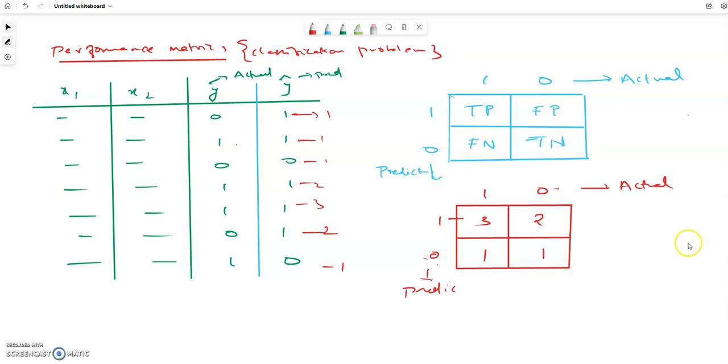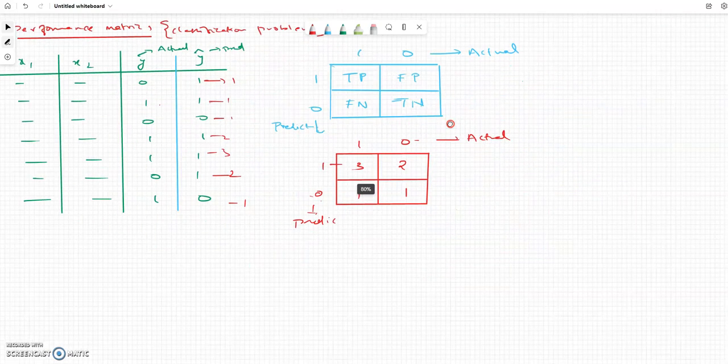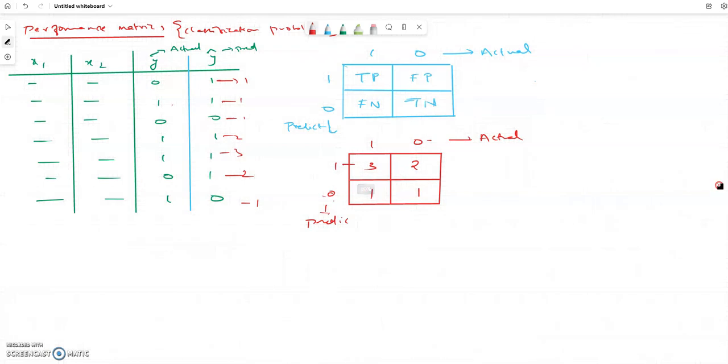Now we wanted to find the accuracy, and this is the confusion matrix. You can see it right here. I'm using the confusion matrix here. Now what I wanted to do is find the accuracy of this data set. This is a classification problem, and I just wanted to find the accuracy here. Let's see what our accuracy will be according to this data set.